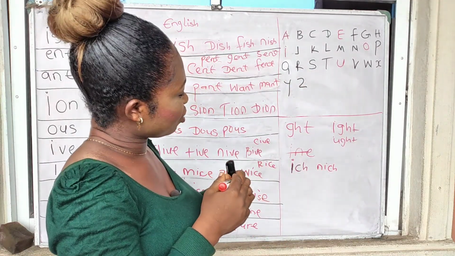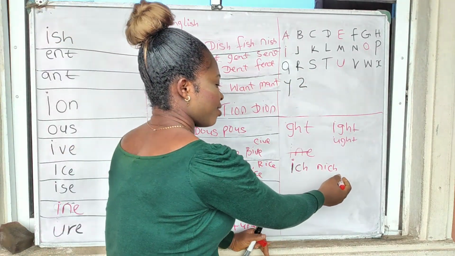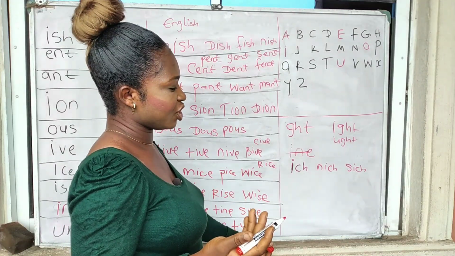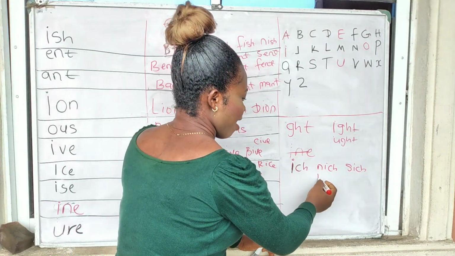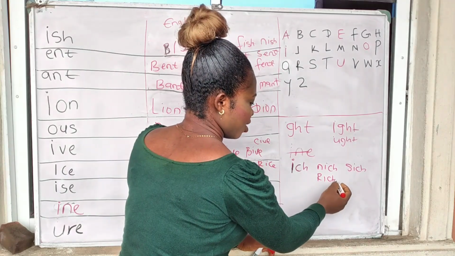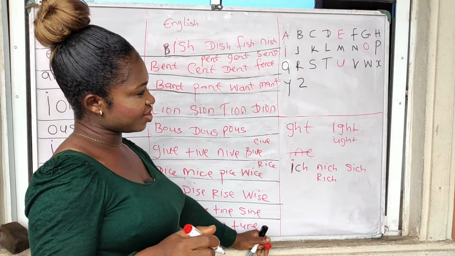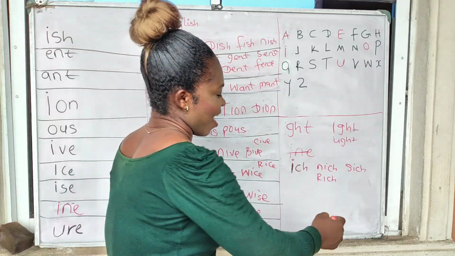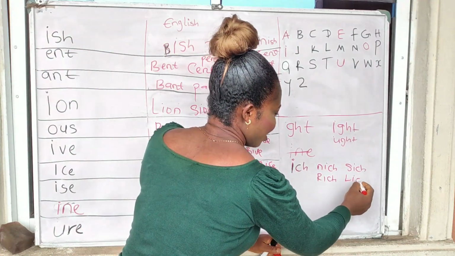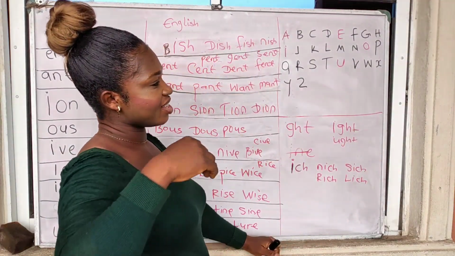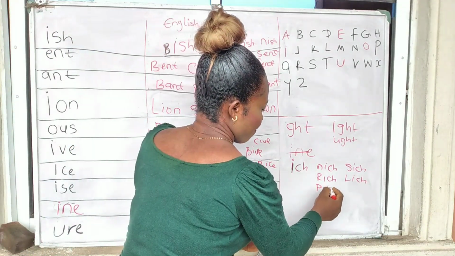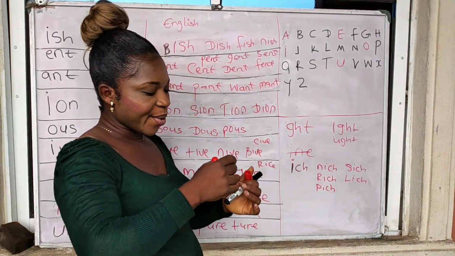And if I choose S, you have sitch. If I choose maybe R, I have rich. If I choose maybe L, I have lich. If I choose maybe P, I have peach, and all that.